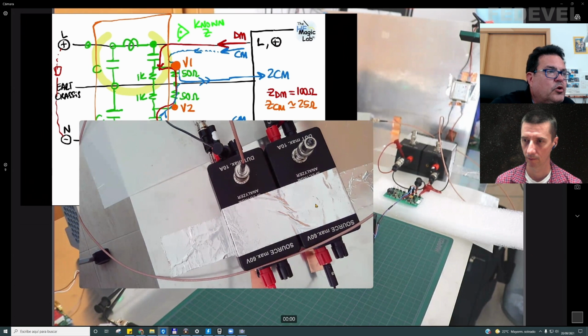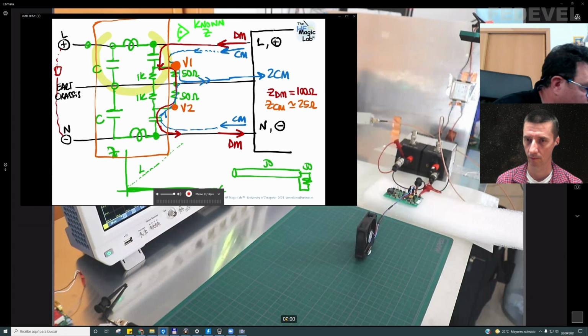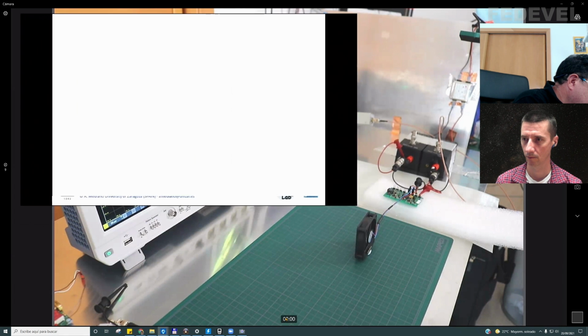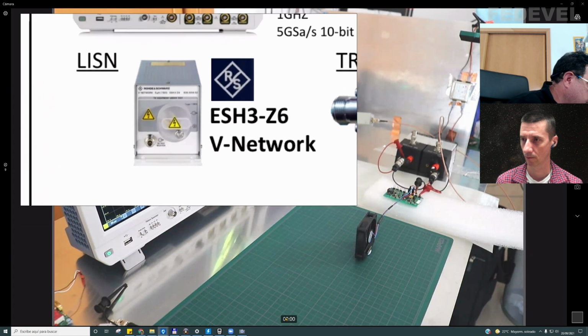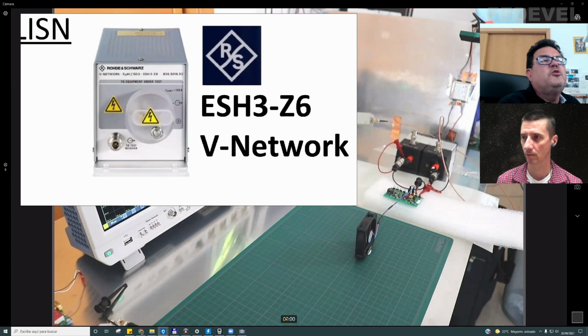This is typically for low power applications, very small circuits. But let me show you a typical line impedance stabilization network like this one, for example. This is typical for power electronics. This is for automotive, or you can find bigger ones with kilowatts when you want to measure the conducted emissions in systems like motors or battery chargers.